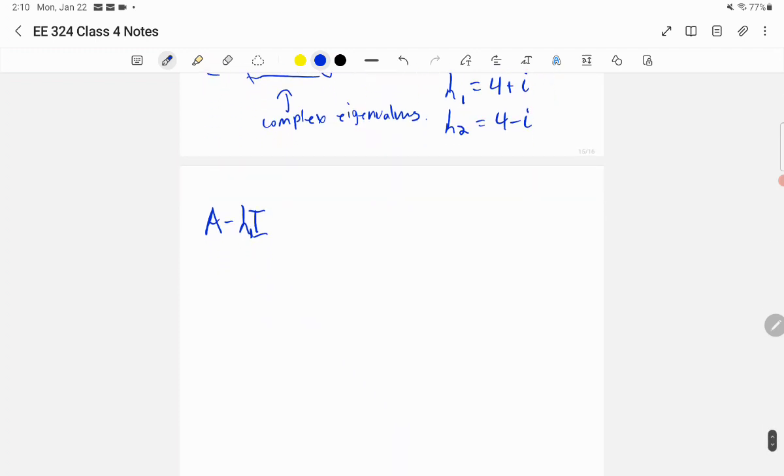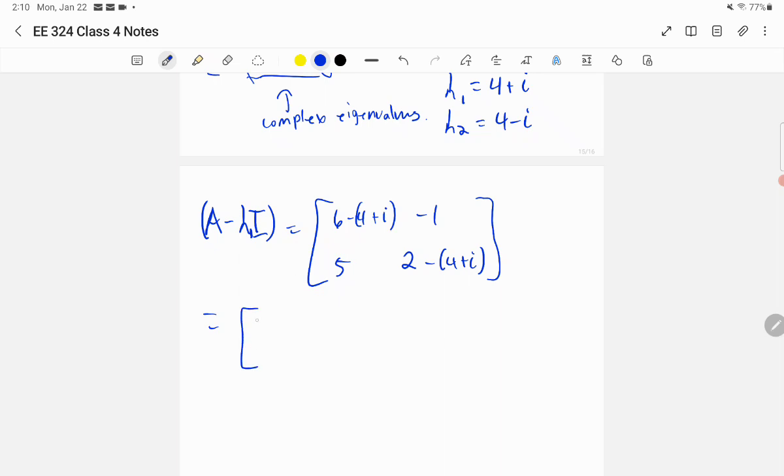So A minus lambda 1 times I is 6 minus (4 plus i), all in parentheses, minus 1, 5, 2 minus (4 plus i). The real parts 6 minus 4 can be added together, so 6 minus 4 is 2. Then we get minus 1, 5, and minus 2 minus i.